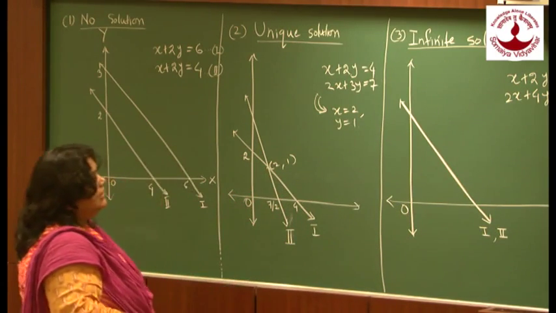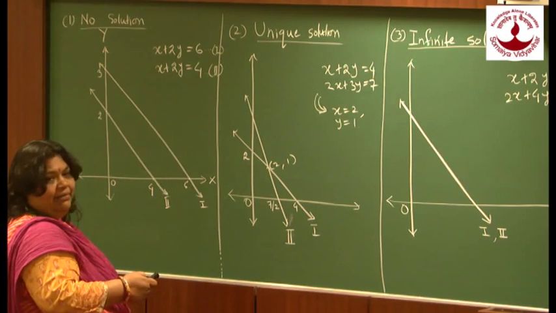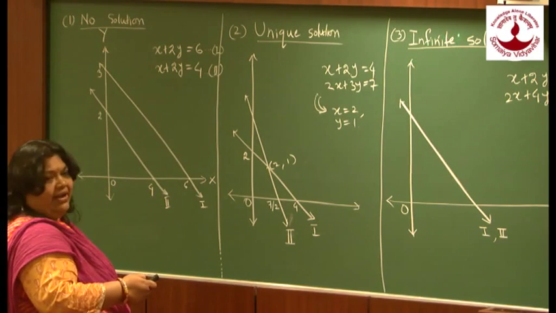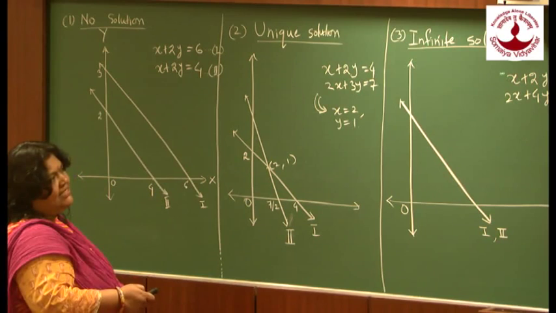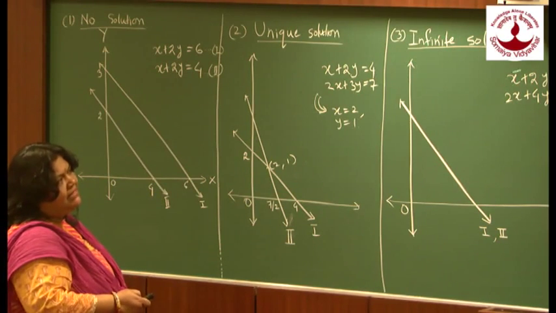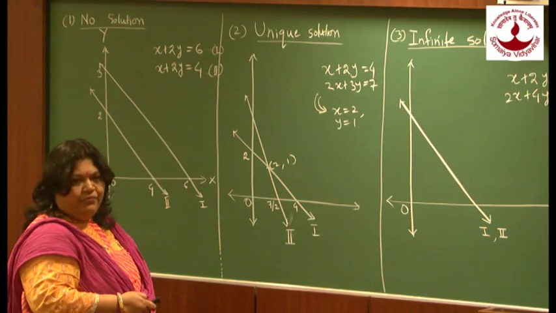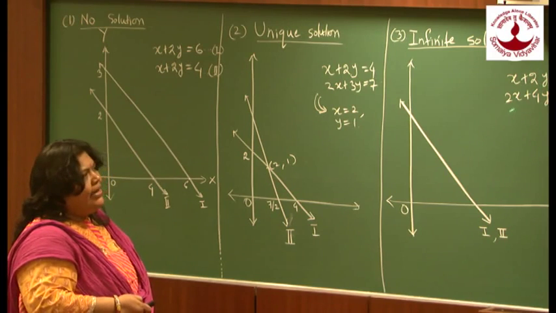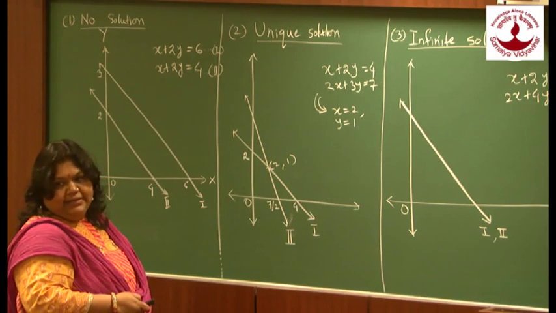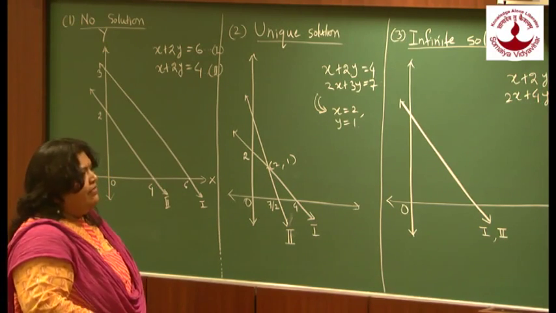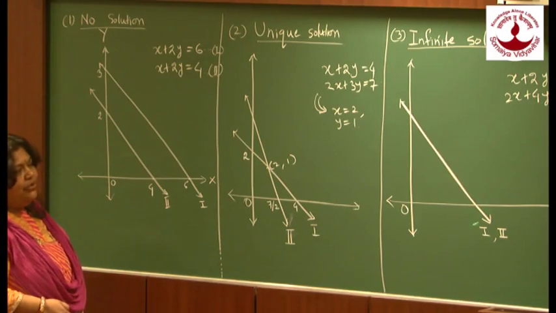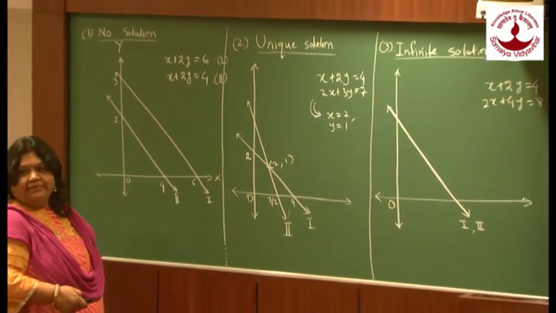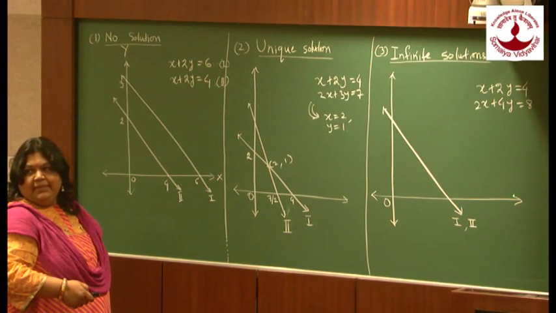Let us come to the third case, infinite number of solutions, infinitely many solutions. The system under consideration for this purpose is x plus 2y equal to 4 and 2x plus 4y equal to 8. Okay, when I try to plot, actually the two lines coincide, overlap.